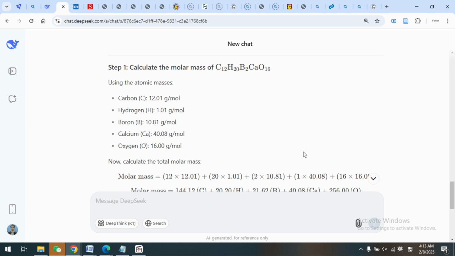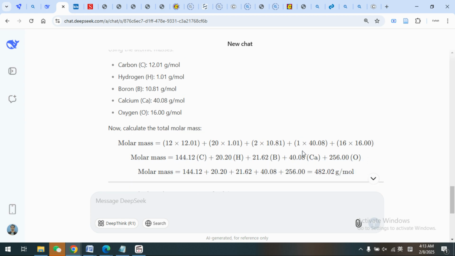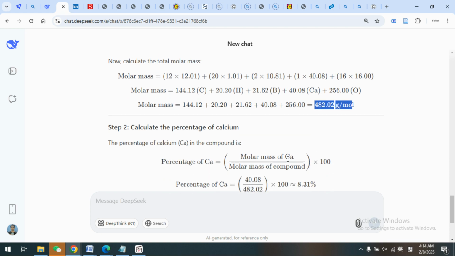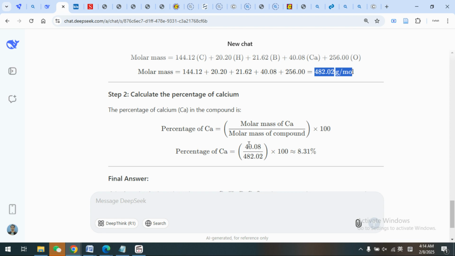After solving this, we will add all of these. The molecular weight is 482.02 grams per mole. That means 1 mole will have 482 grams of calcium borogluconate, and we will divide the mass of calcium, 40, by it and multiply by 100.